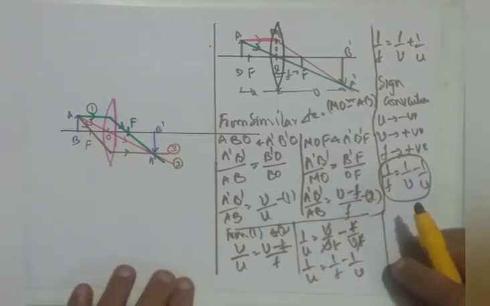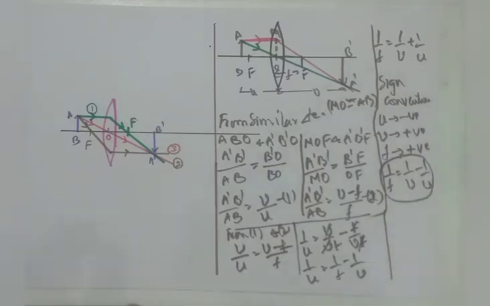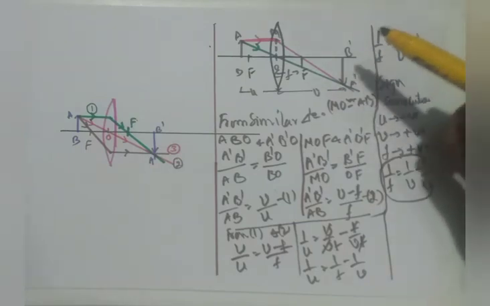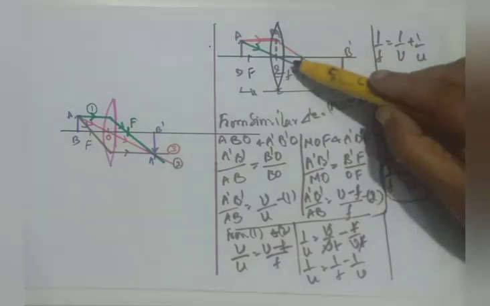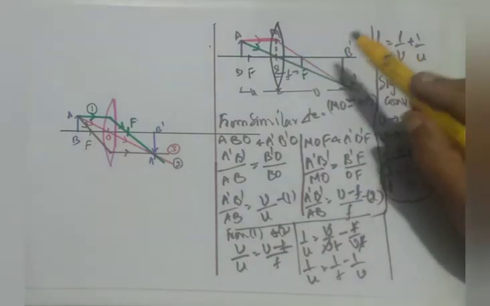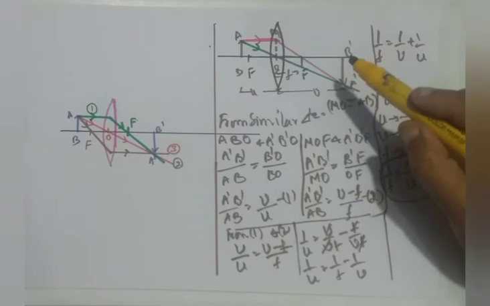I will just go through it once again. We have taken two rays to trace this image. One from the object parallel to the principal axis, that is AM, and another straight light ray passing through the optic center, which I have marked in green. Now this creates two pairs of similar triangles.